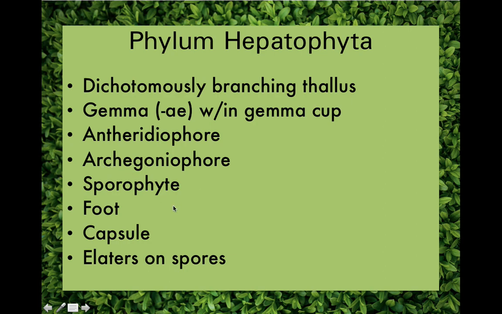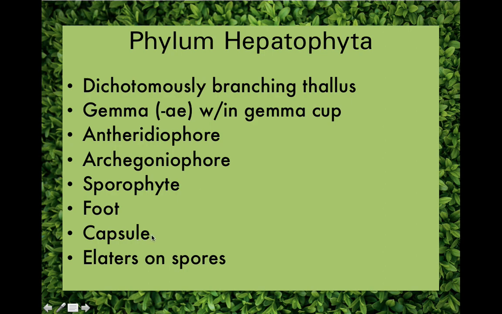They also have a sporophyte, which is dependent on the gametophyte, and is attached to that gametophyte by a structure called a foot. And the sporophyte is arranged as something like a capsule. And I'll show you a picture of a capsule in a minute here to show what that looks like.